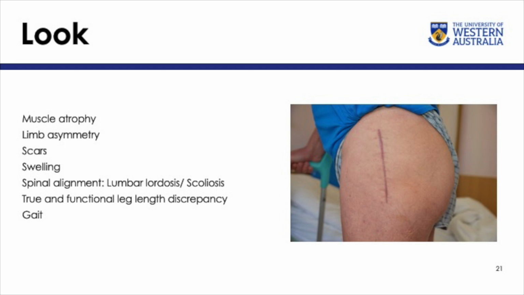Also important to look at the spinal alignment, whether they have normal lumbar lordosis or if they have a scoliosis. Do they have a true and functional leg length discrepancy? And we should always assess their gait.